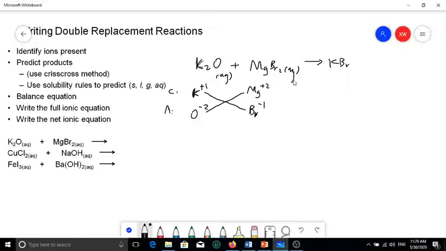So positive 1, negative 1, they're going to be fine, just 1 to 1. The other thing is you're going to put down Mg and O. Of course, Mg in the front, O second. So you're going to have plus 2, negative 2. So they can be fine as 1 to 1. So you don't need 2 potassium or 2 bromine here. So these two are going to be your new products.